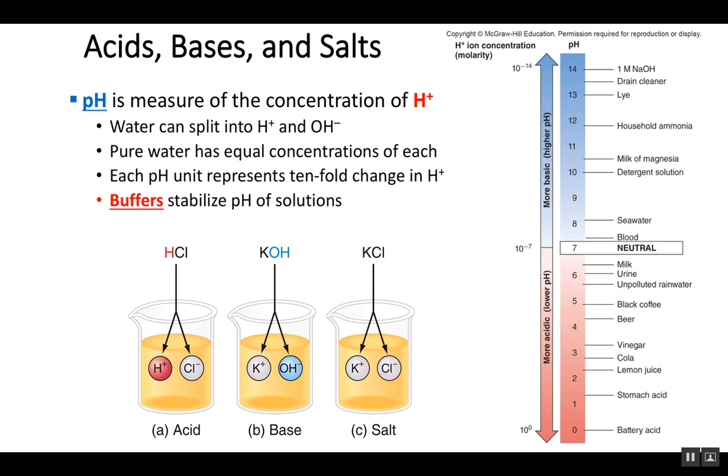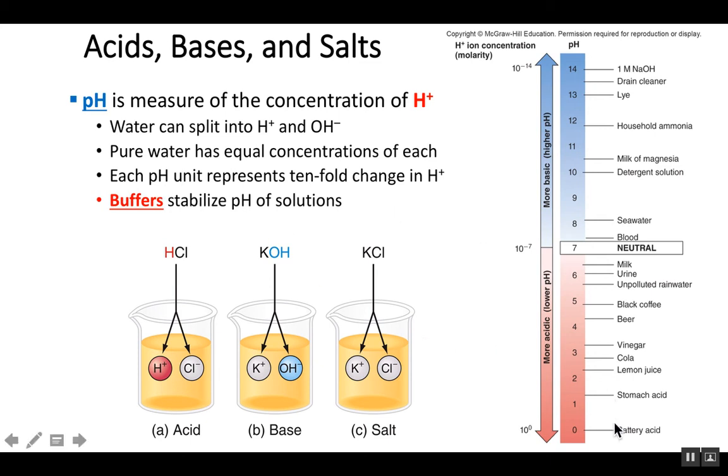So if you go from pH 7 to pH 8, you are 10 times more basic, which is pretty significant. We call this a logarithmic scale for our pH. If you go from urine, which is pH 6, to coffee, which is pH just below 5, that's 10 times more acidic.